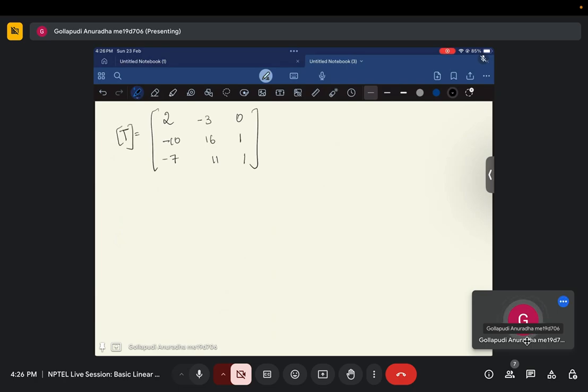For the transformation which was shown, this will be the matrix. If you want to find the inverse of the transformation, you can directly find the inverse of this matrix itself.